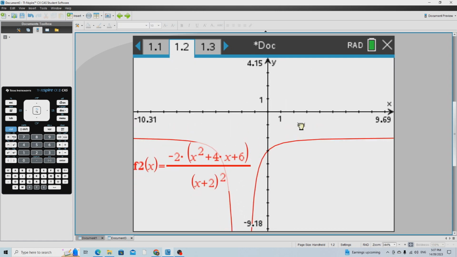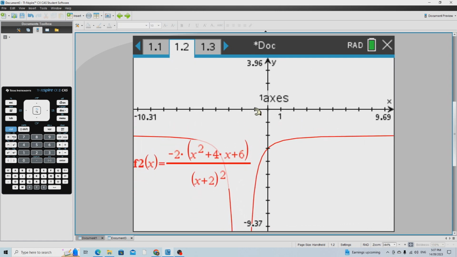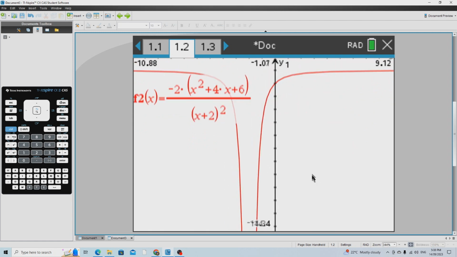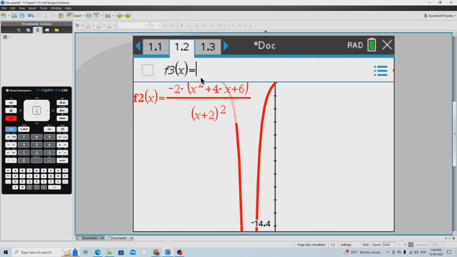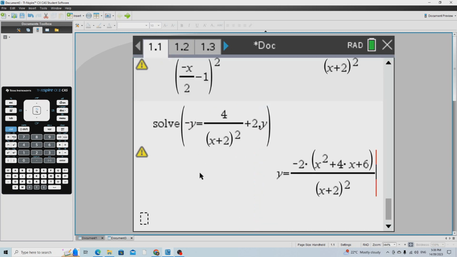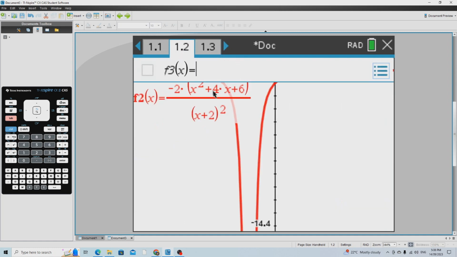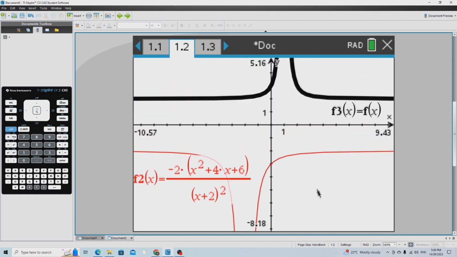Okay, so does that look similar? So negative 2, yep, has that negative 2 in there. It also has an asymptote at negative 2. And its thickness is, yeah, totally right. I just want to graph the original graph to double check. So we said the original function was f(x).